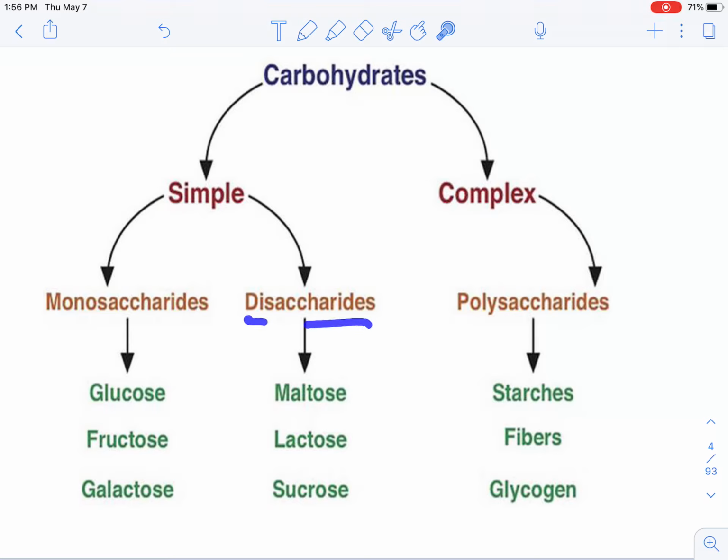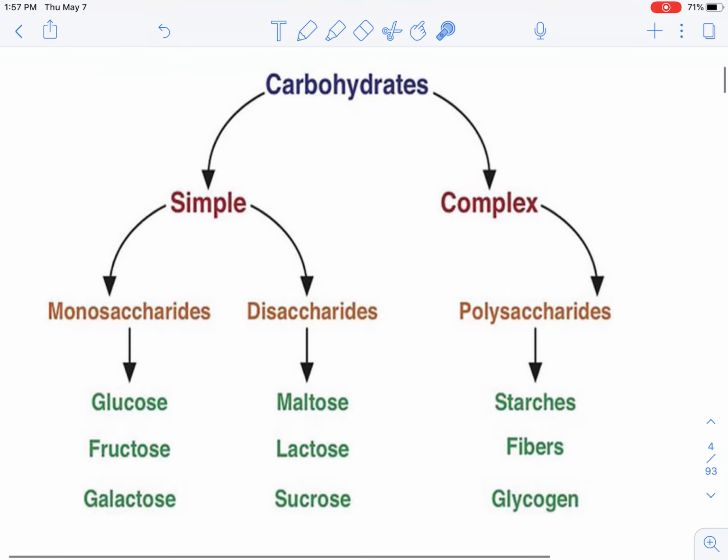Whereas a disaccharide, even though it's a simple carbohydrate, is going to be composed of 2 sugar units, if you will. So maltose, lactose, and sucrose are examples. For polysaccharides, here we have this idea of starches, fibers, and glycogen. Polysaccharides are many or numerous sugar units covalently bonded to each other.